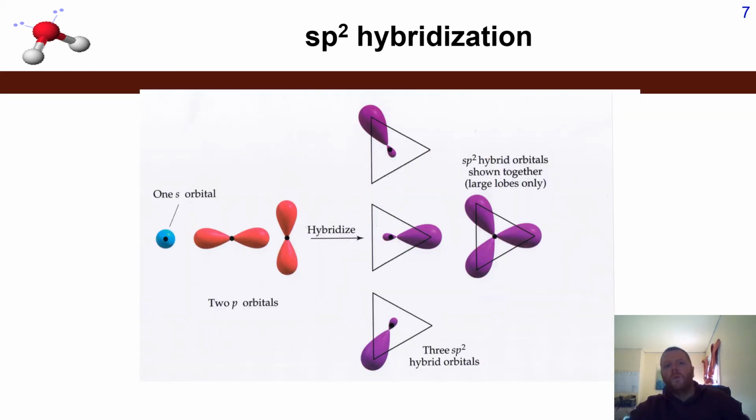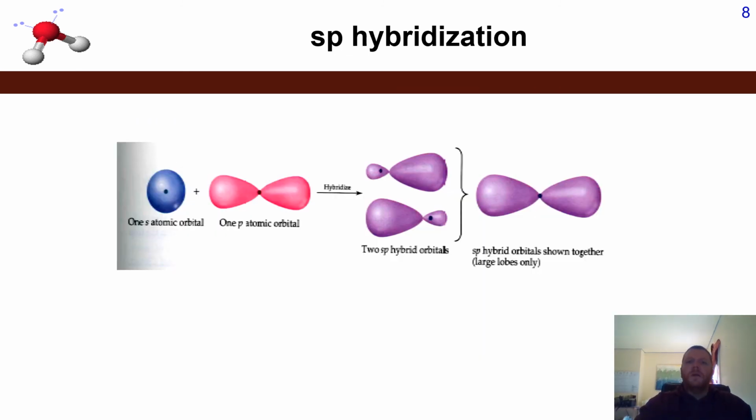So in addition to sp3 hybridization, we could also hybridize orbitals that are 2 p orbitals and 1 s orbital. That would make an sp2 hybrid orbital. Likewise, you can have an sp hybridization where it's 1 s orbital paired with 1 p atomic orbital.